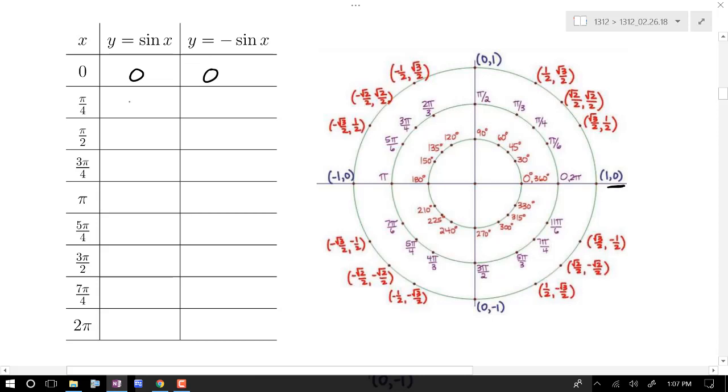At pi over 4, what is the y coordinate? Yep, root 2 over 2. And so negative sine of pi over 4 is a minus root 2 over 2.